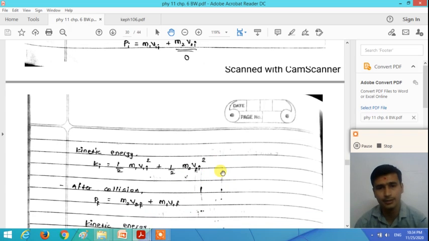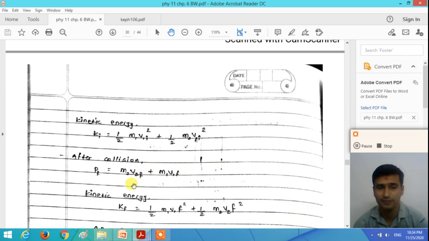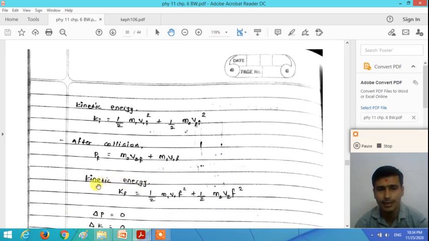Now after collision, what is the linear momentum of the colliding objects? After collision, the final linear momentum pf is equal to m2 into v2f plus m1 into v1f. And the final kinetic energy kf is equal to 1 half m1 v1f square plus 1 half m2 v2f square.